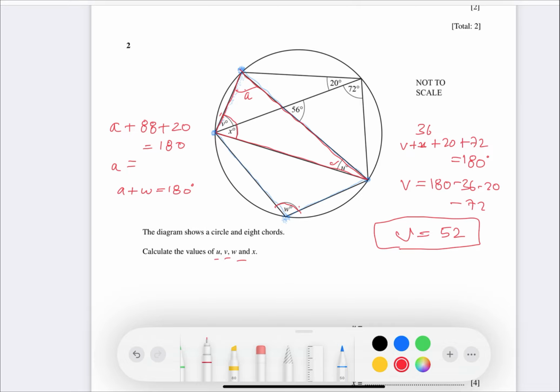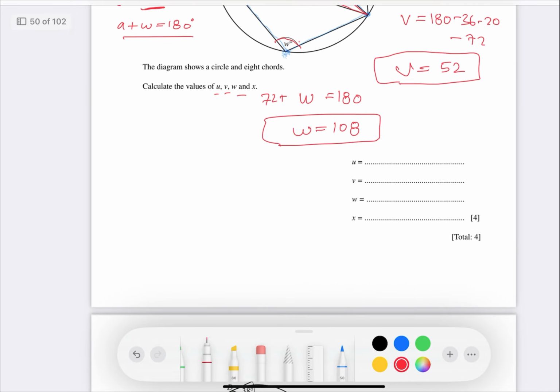Think about it. The value of a would be 72. Just subtract these two from this. If I subtract 88, it will become 92, and then 20, it will become 72. So if a is 72, 72 plus w equals 180. W equals 108. All right, learners, you got this answer correct. So 4 marks is yours.